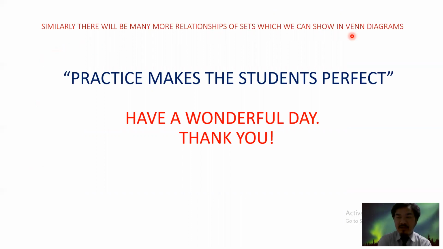Whatever is asked about the sets, you can simplify it, and whatever answer comes, that answer indicates which part of the Venn diagram it is. Once again, I repeat, you can solve the sets by putting in the elements. After putting the elements, whatever answer comes, you can show that part in the Venn diagram.